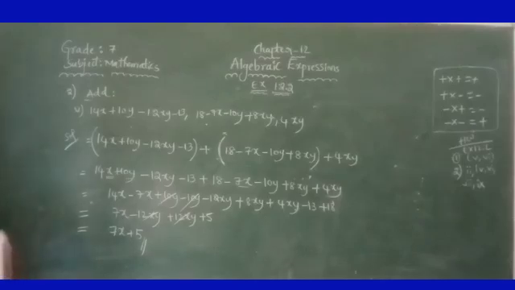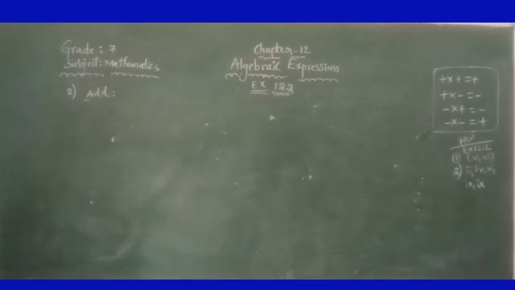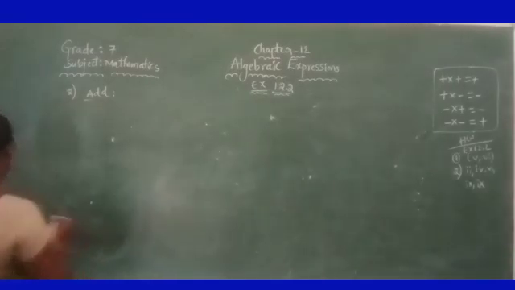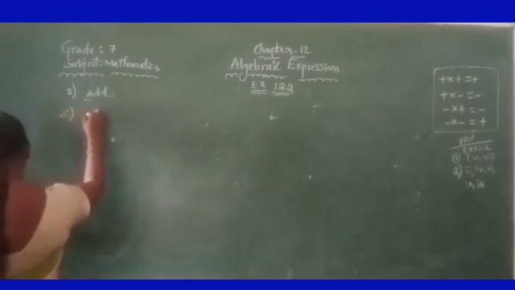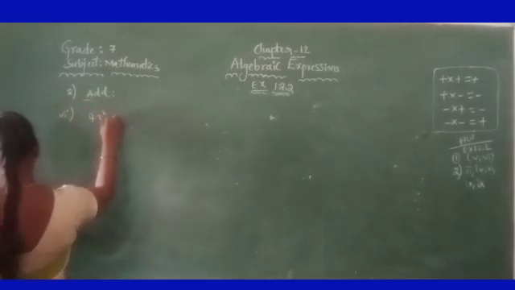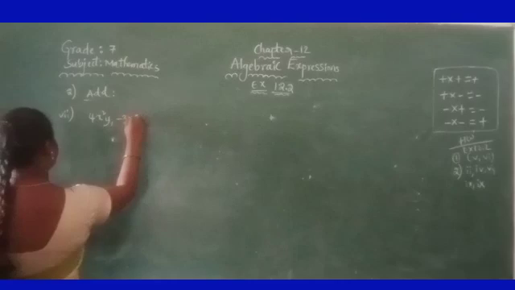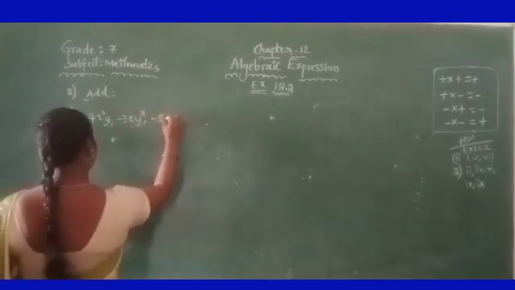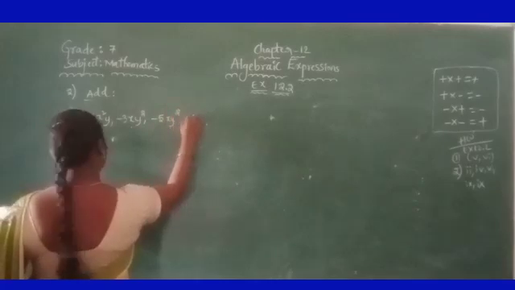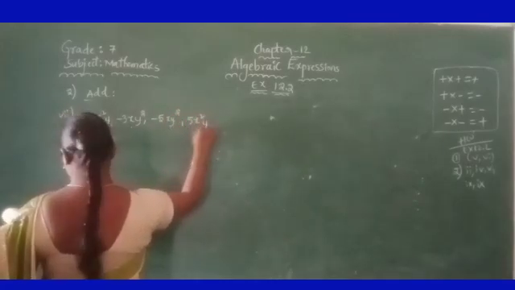You copy this neatly in your notebook. Sixth problem you solve. Seventh problem, now I am explaining the seventh problem. 4x square y, comma, minus 3xy square, comma, minus 5xy square, comma, 5x square y.